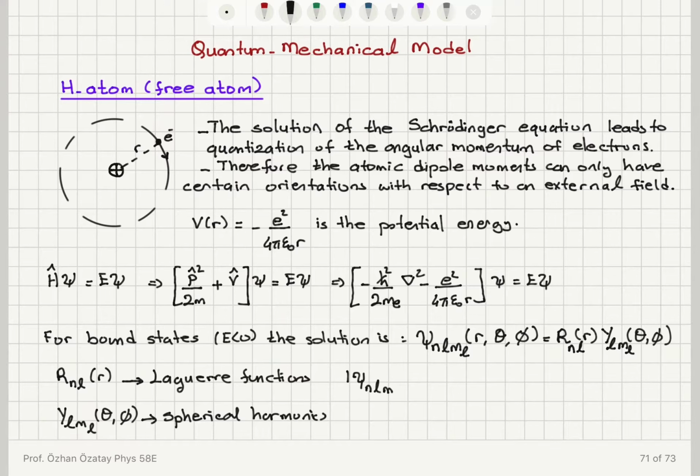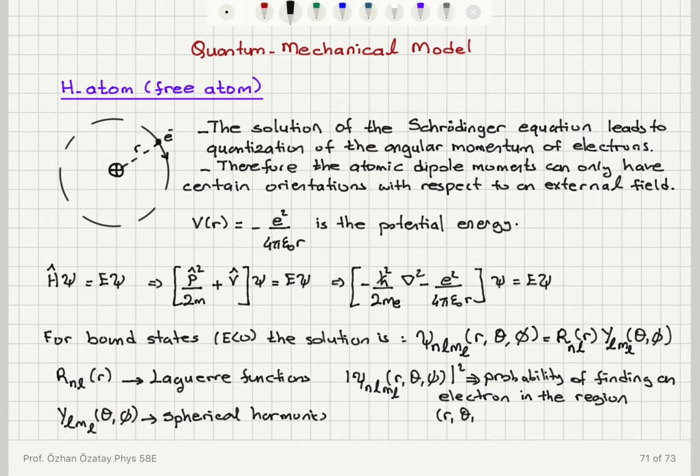Psi n l m sub l as a function of r, theta, and phi, squared, gives us the probability of finding an electron in the vicinity of the point r, theta, phi.